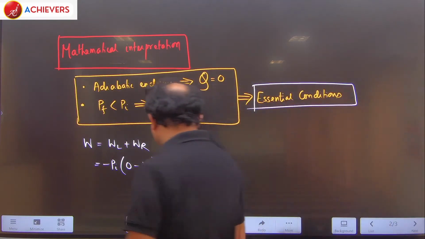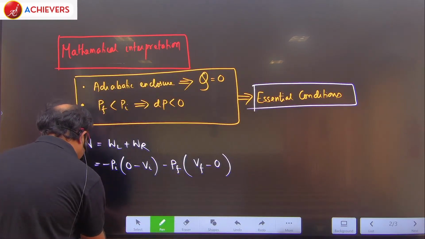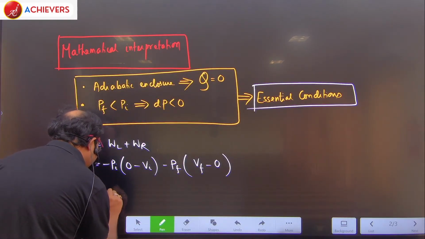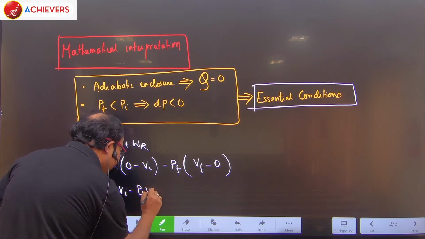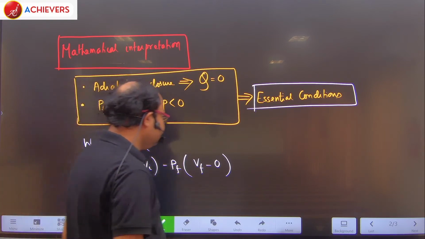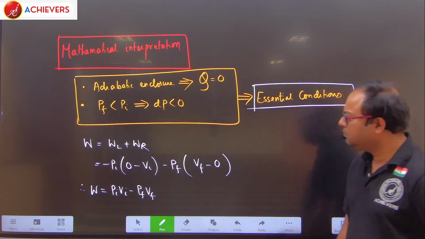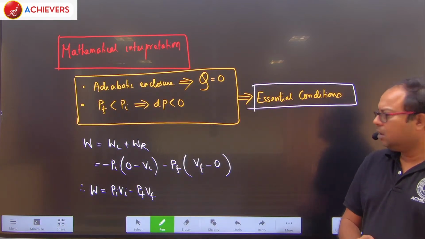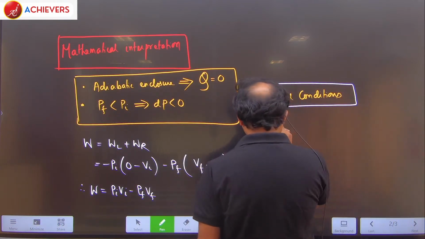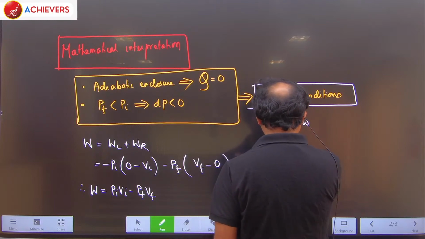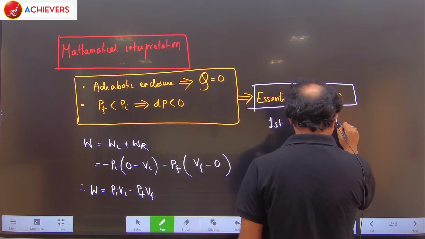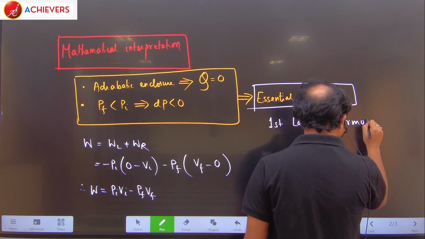And thereby W becomes Pi Vi minus Pf Vf. Now by first law of thermodynamics, what do we have?